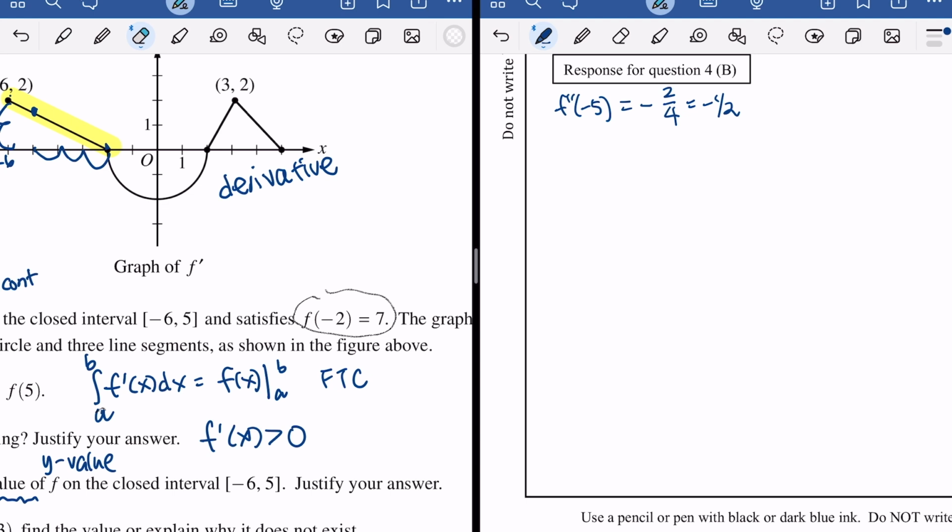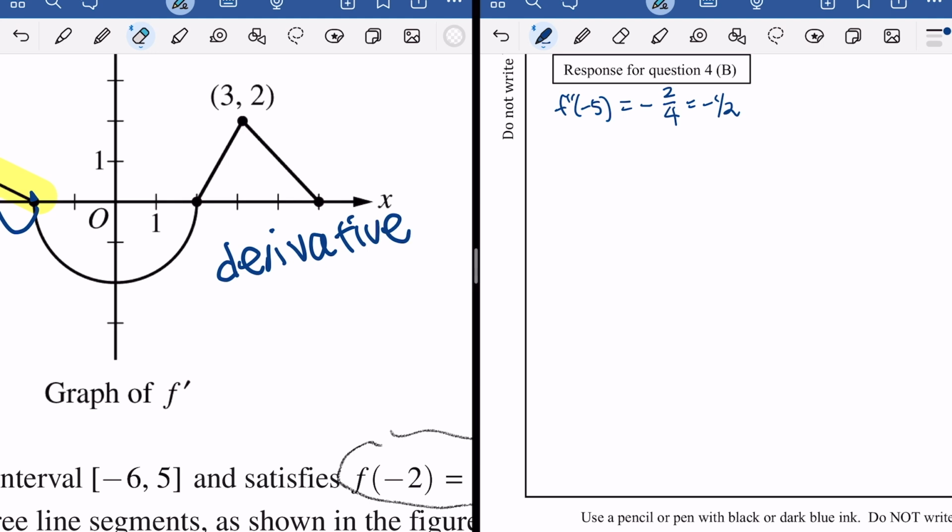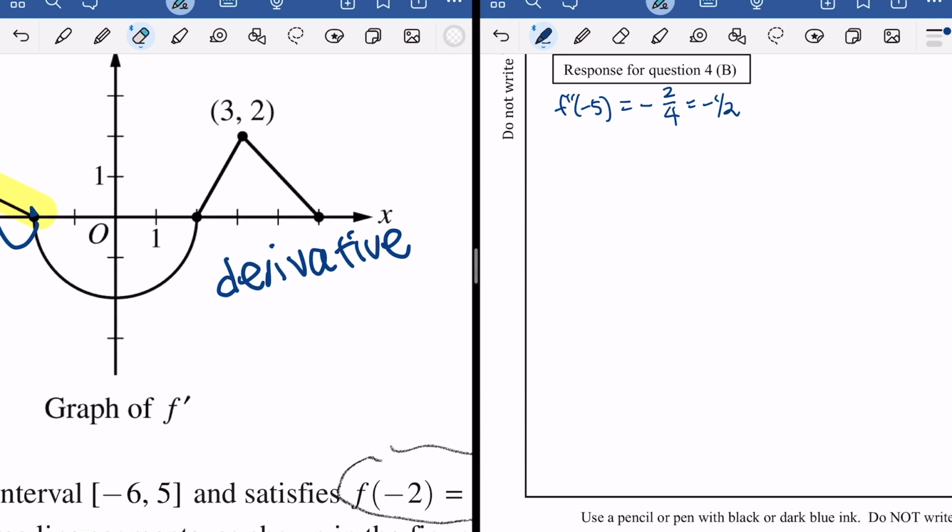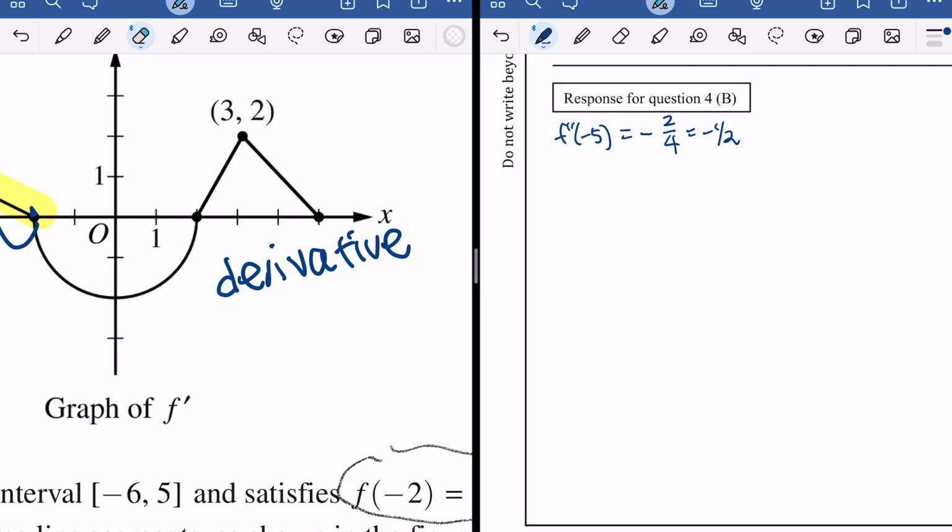You want to avoid using the word slope, so using derivative will be good. And then you can just use wording for this. When I'm looking at x equals 3 from the left, the derivative, the rate of change, is up 2 over 1. And I'm going to just write that.